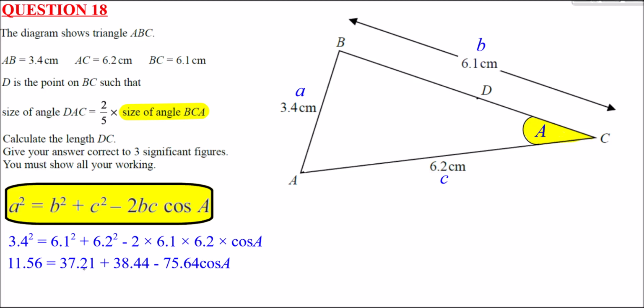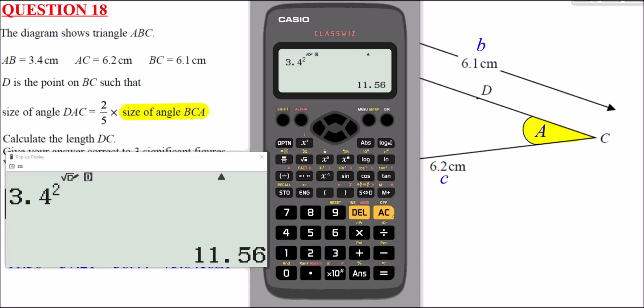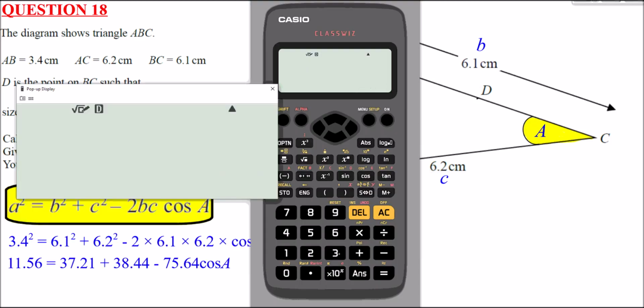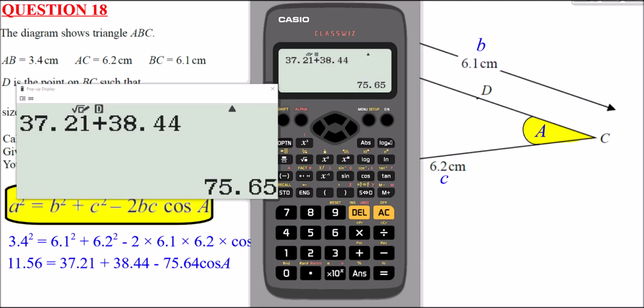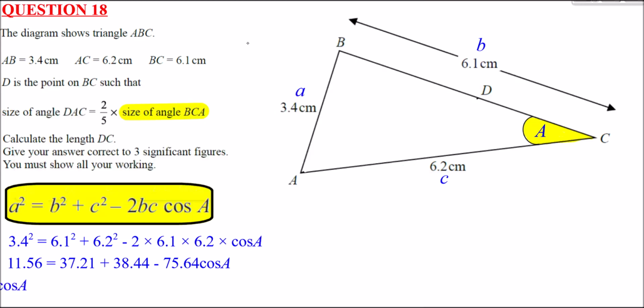Grouping these together, 37.21 and 38.44, we can make this slightly simpler again. So 37.21 plus 38.44 gives us 75.65. So another line of neatening it up slightly: we have 11.56 equals 75.65 minus 75.64 cosine A. We need to make cosine A the subject, so we need to get this 75.65 to disappear.